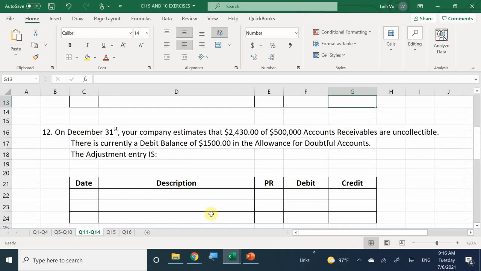Then same scenario except this time. Question 12 says that on December 31st, your company estimates that $2,430 out of its 500,000 accounts receivable are to be uncollectible. There is currently a debit balance of $1,500 in the allowance for doubtful accounts. How am I going to record this now?